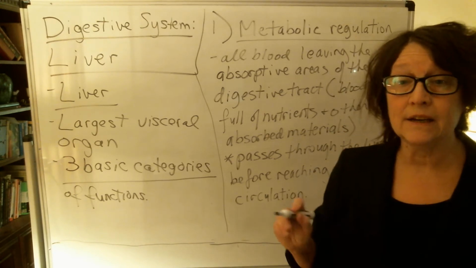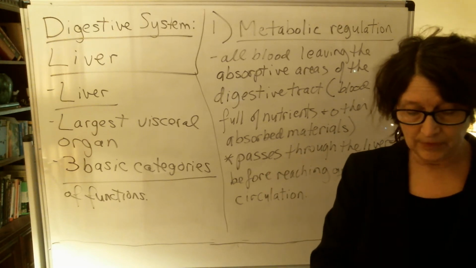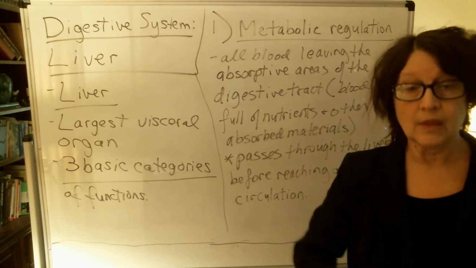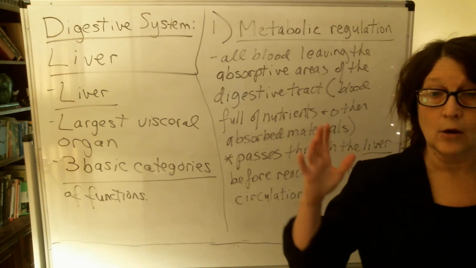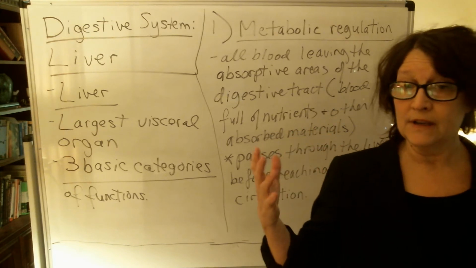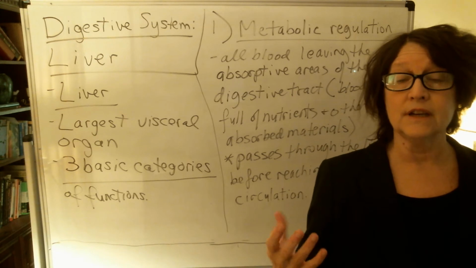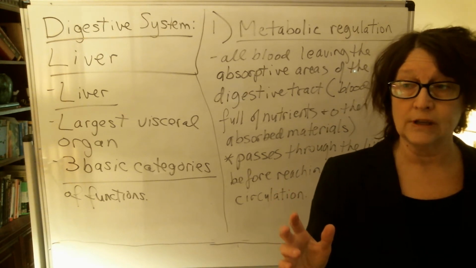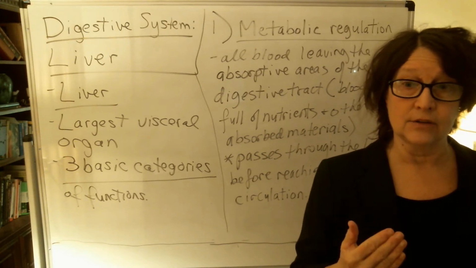Okay, what did I just say? This is actually incredibly important. What's going on is this. You've probably heard in high school about how you have blood vessels that absorb the nutrients from your digestive system. It's why you have a digestive system, so that those nutrients can be absorbed out of the gut and into the bloodstream.